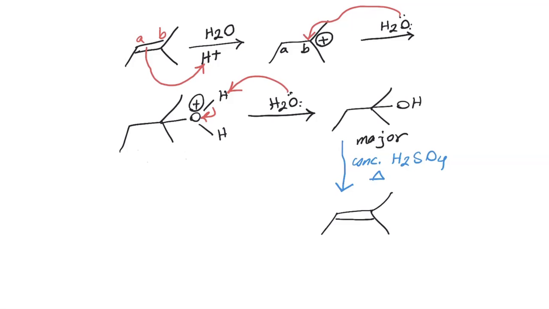So if we have an alkene, now let's go to the next slide. Dilute H2SO4 means water with a few drops of H2SO4.